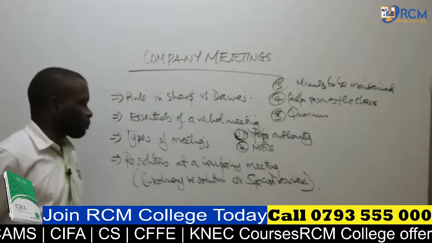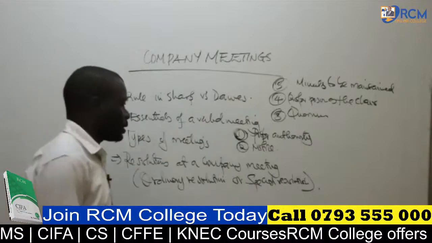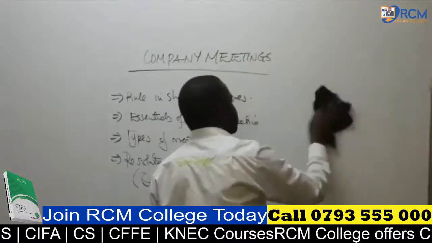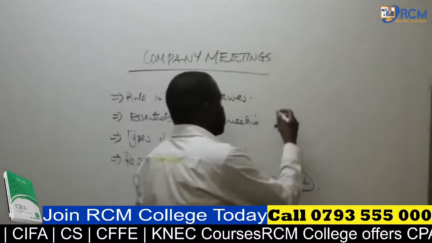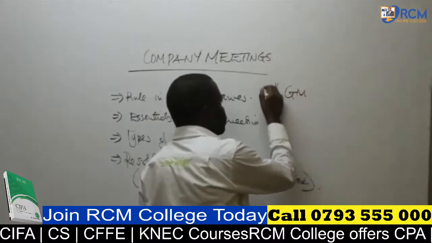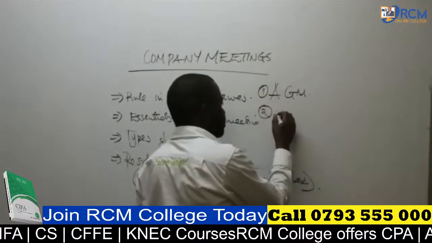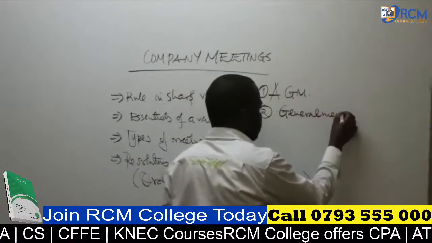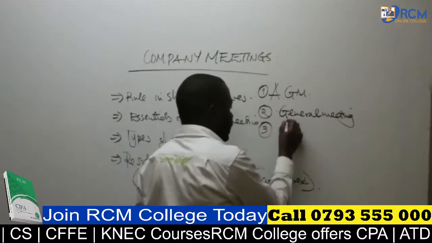So we can look at the types of meetings we can have in a company. We can have what we call an AGM, or in full, an annual general meeting. Then we can have a normal, general meeting of the company. Number 3, we can have a class meeting.